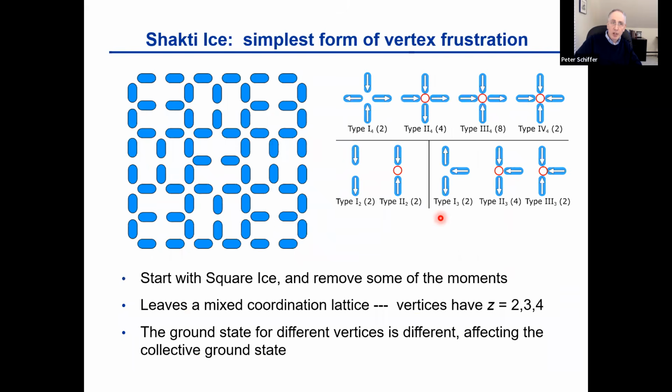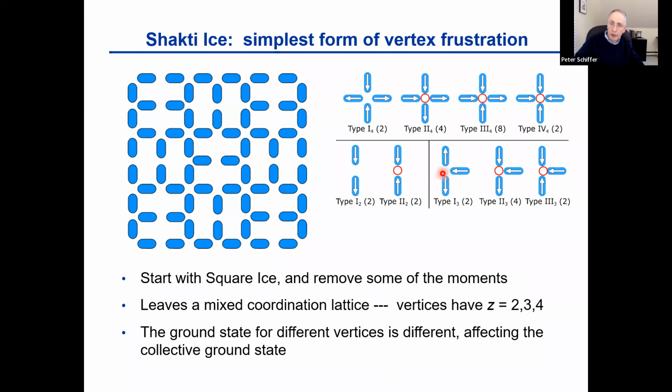Let me start by talking about the simplest one, which is something Cristiano called the Shakti ice lattice. This is true of all of these: it is just a square ice with certain islands missing. Basically, you pluck certain islands out of the lattice, leaving this mixed coordination of 4 island vertices, 3 island vertices, and 2 island vertices. I've got the different possible states of the islands shown here, and you can see that the ground state of the 4 island vertex is type 1, like I showed before.